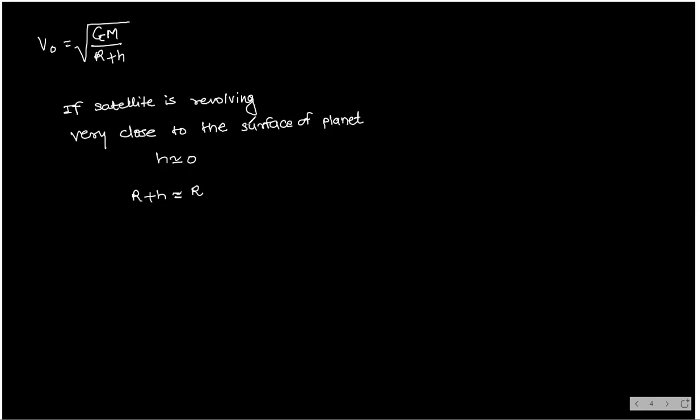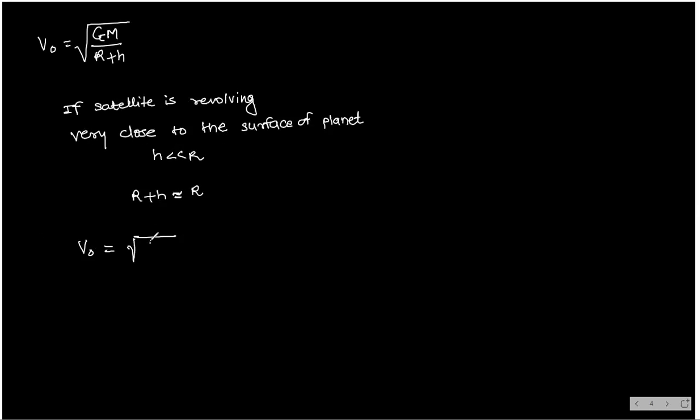Or even you can assume like this also, H is very, very less than R, not equal to 0, because 0 means again you will get R. So nearly equal I am assuming. Then V naught is equal to what?